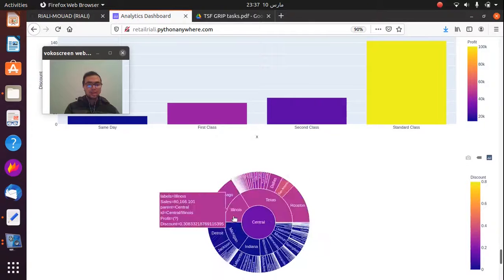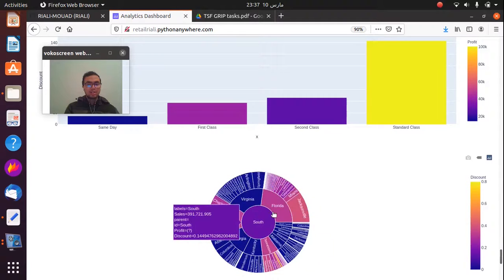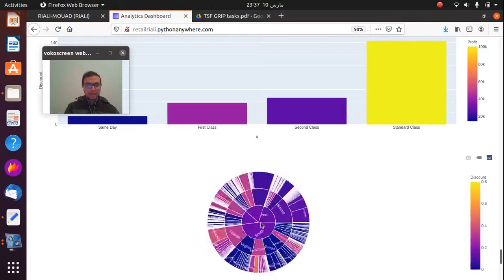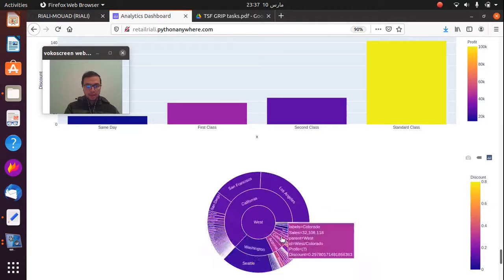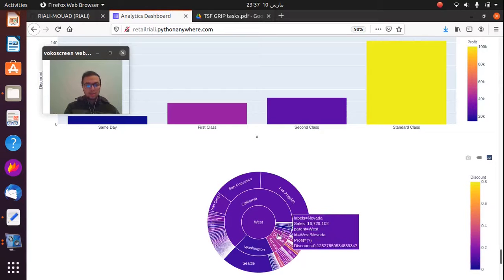In the Central we have Illinois, Texas. In the South region we have Florida, North Carolina, and Tennessee. And finally in the West we have Arizona, Colorado, and Oregon.